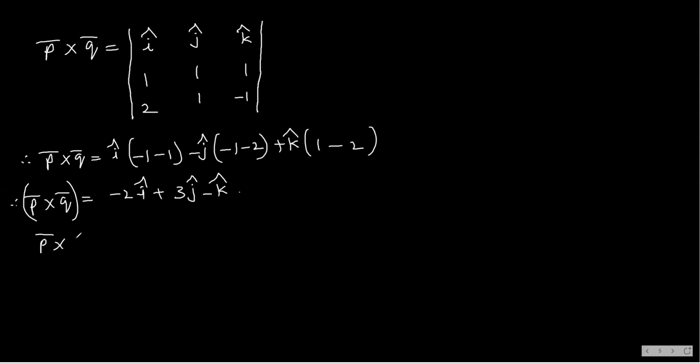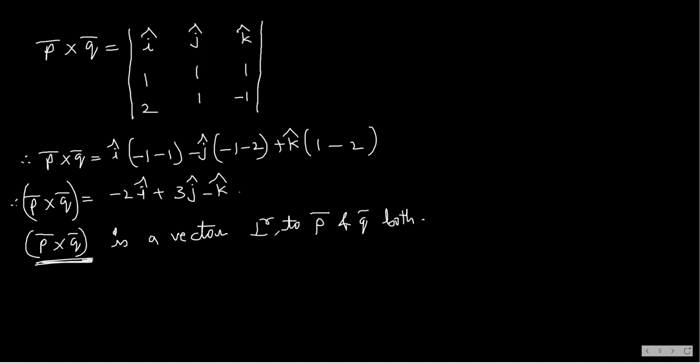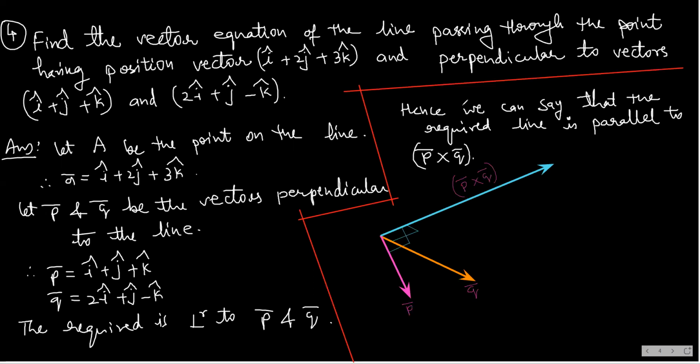P bar cross Q bar is a vector perpendicular to P bar and Q bar both. Now see, if P bar cross Q bar is perpendicular to both the vectors and the required line is also perpendicular to both the vectors, it means the required line is parallel to P bar cross Q bar. So how is the required line, my dear students?